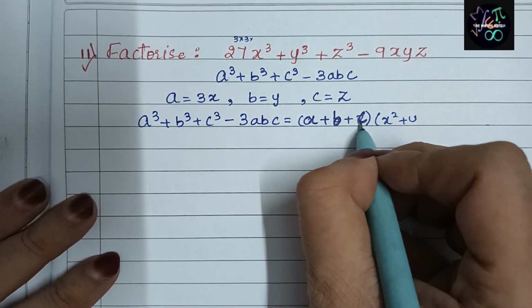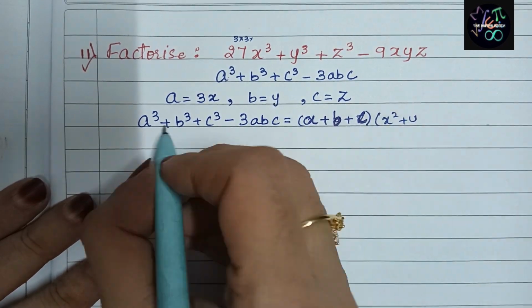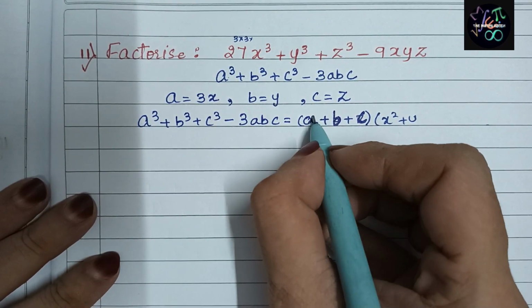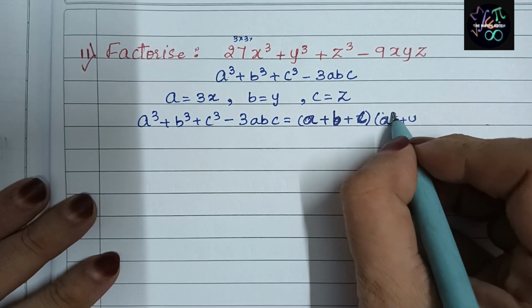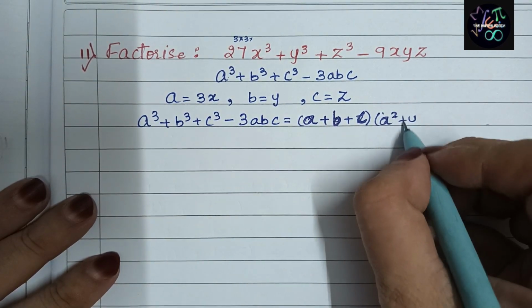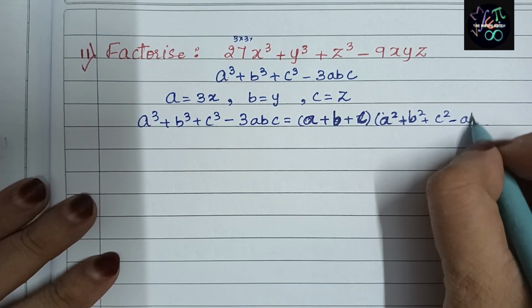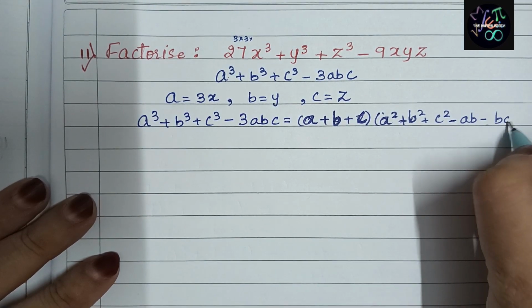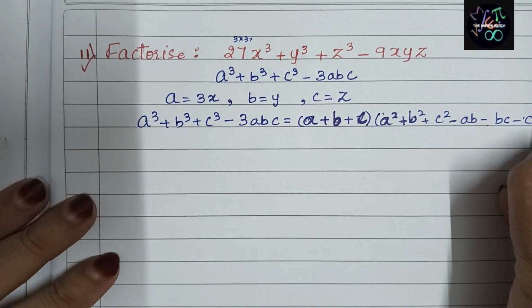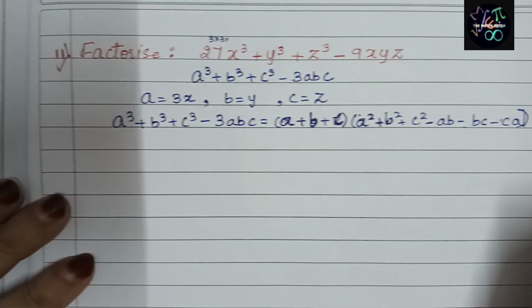In terms of x also, in terms of abc also we can write, because I have taken abc, so I'll write in terms of abc. This is the formula in terms of abc.